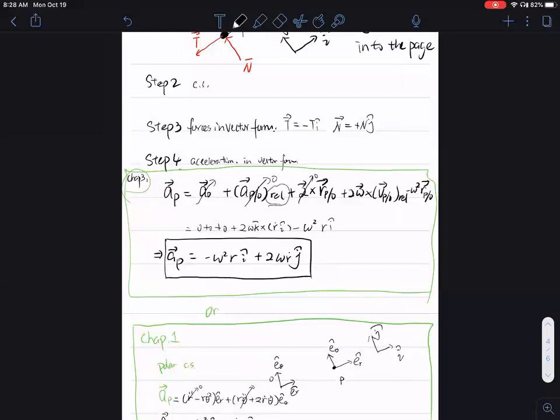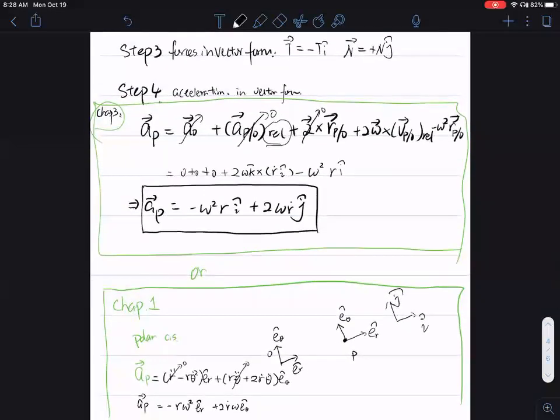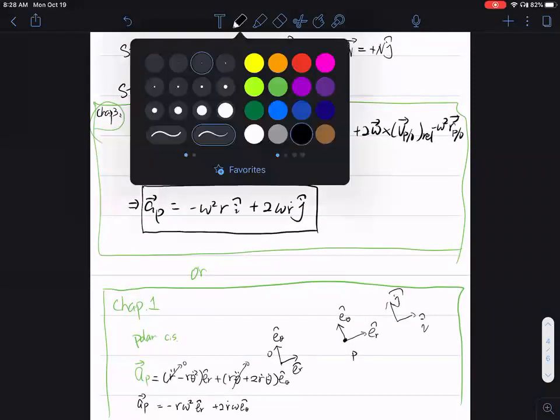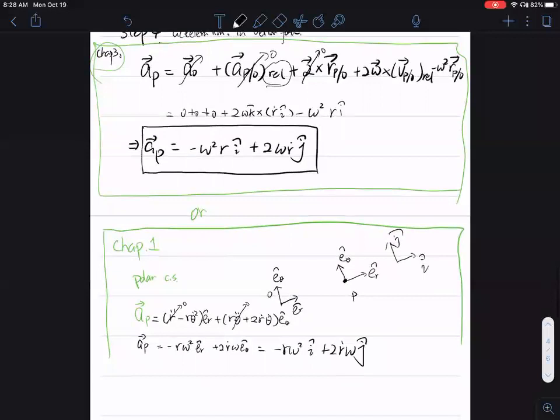Both i and ER are pointing in the same direction. Both j and E theta are pointing in the same direction. Therefore, this a_P can also be written as negative R omega square i plus 2 R dot omega j. That's exactly what we have up there.